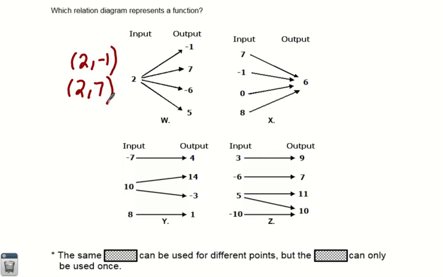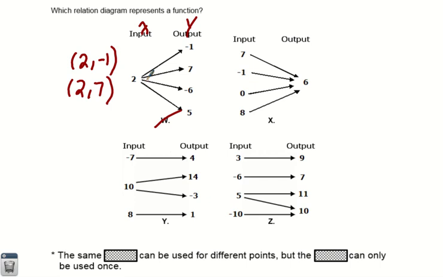I think you kind of see where I'm going with this. If you have multiple arrows coming off of the same input value, because remember, input's like X and output's like Y, then W is not a function. We don't have just 2 once, we have 4: 2, -1, 2, 7, 2, -6, and 2, 5. So definitely not a function.